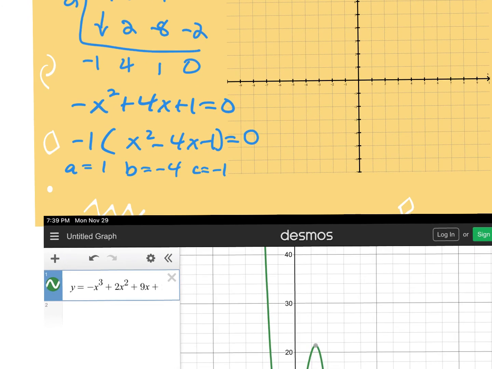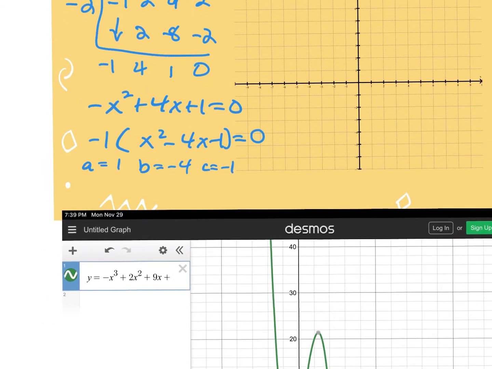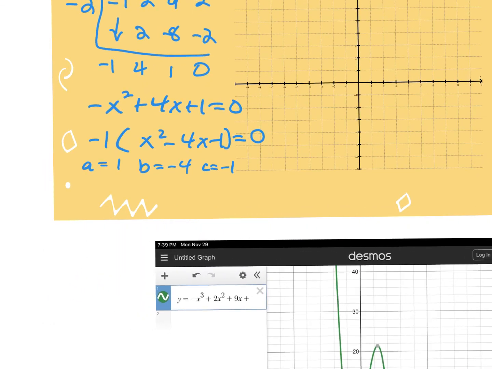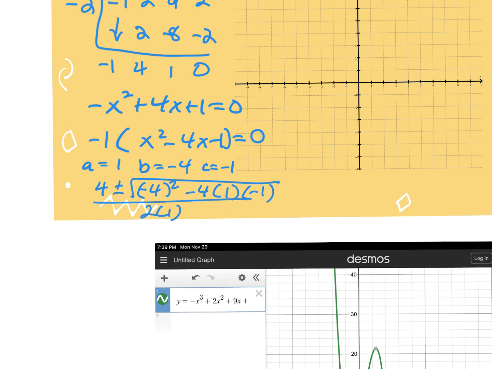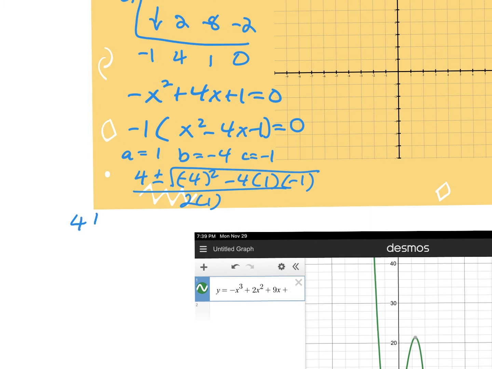So opposite of B, so +4, plus or minus the square root of -4 squared minus 4 times A times C, all divided by 2 times A. I'm going to simplify what's under the radical: 16 + 4, divided by 2, 4 plus or minus the square root of 20.